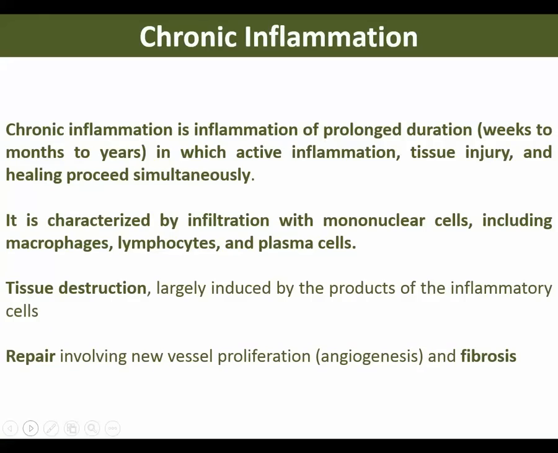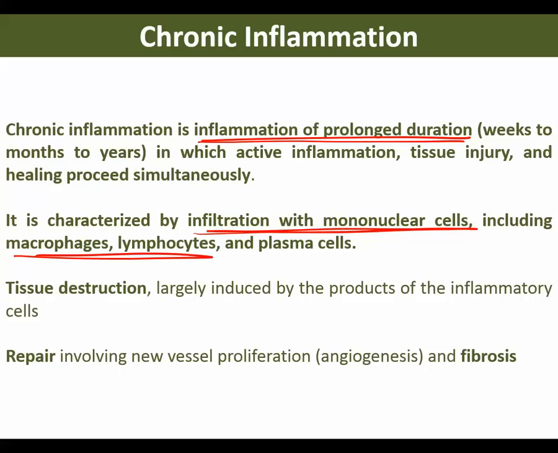Chronic inflammation is an inflammation of longer duration. It is there for a longer period. The cells involved are mononuclear cells: lymphocytes and macrophages.